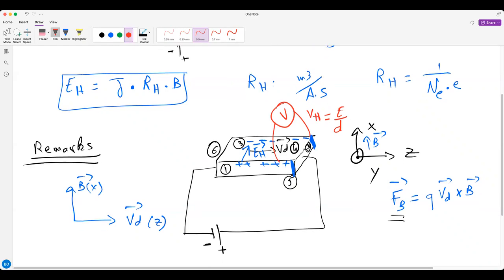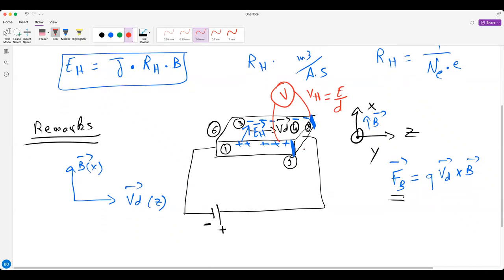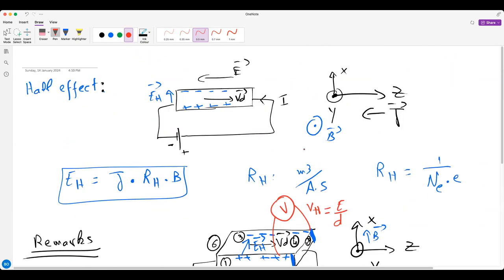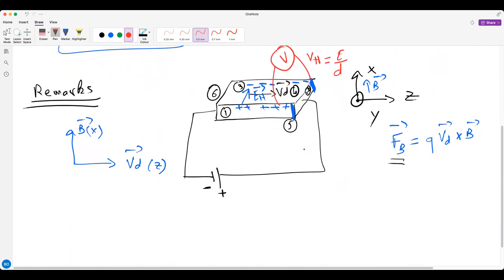Okay. I just wanted to mention this because I might give you other situations where the electrons will accumulate on phase 4 and phase 5. Then you have to choose this distance.